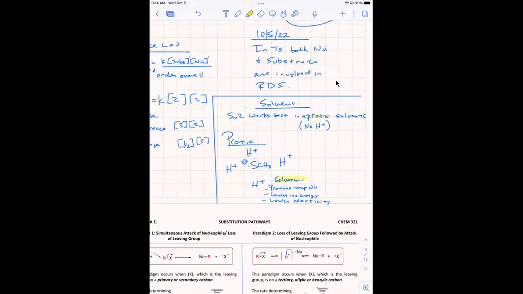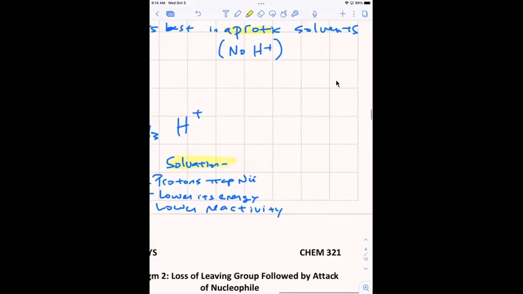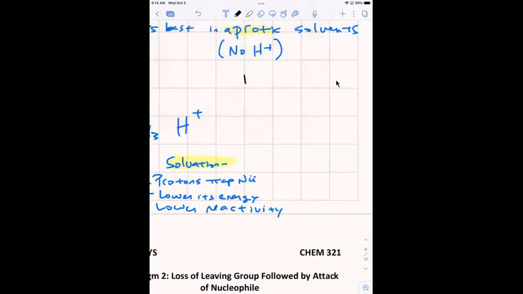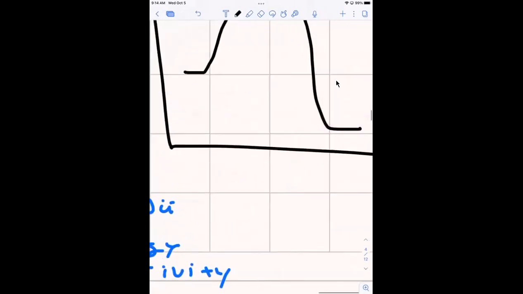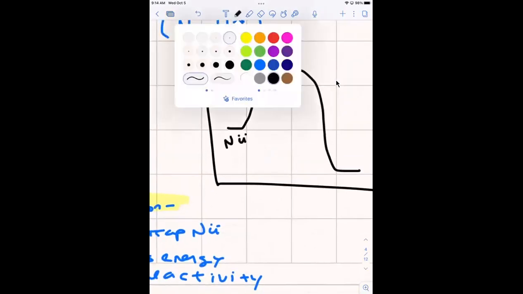the reaction. So the way you think about this in terms of an energy diagram, right? So here you have, let's just say without, so this would be a protic solvent, right? And this is my nucleophile, right? In a protic solvent, that's going to be different.